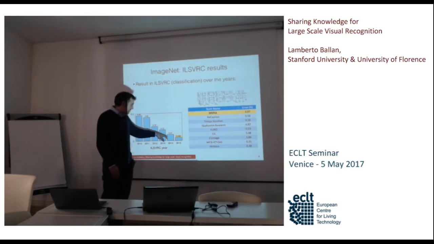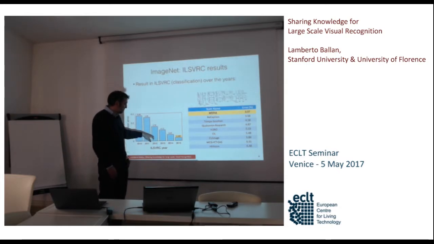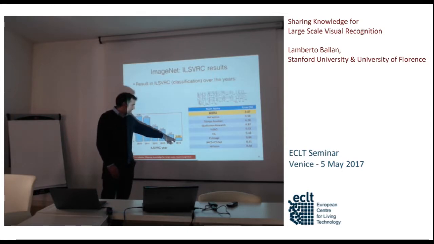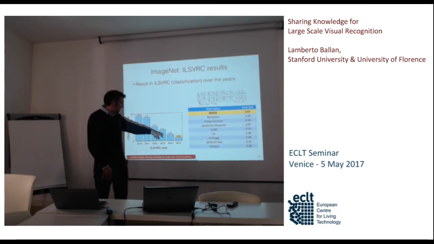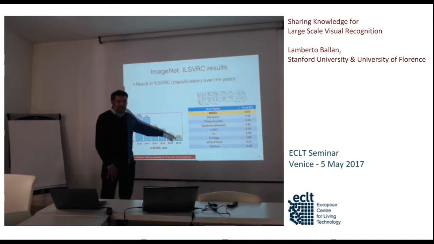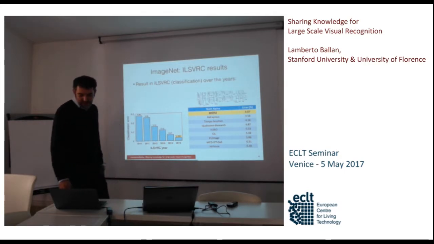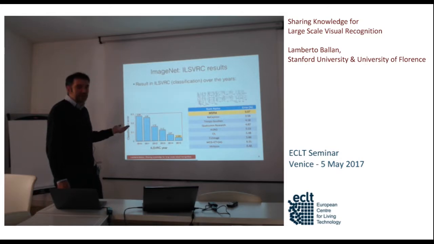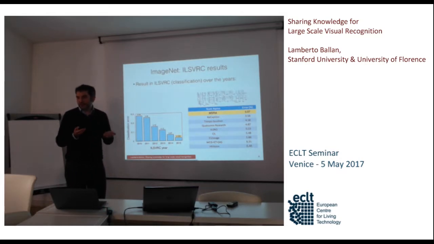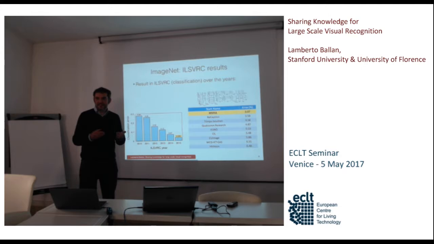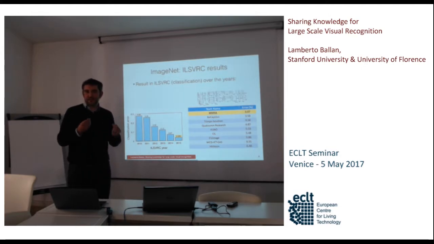All the new models are based on different architectures. This is the last interesting competition, where the error here is around 3%. I worked at Stanford, and my advisor was Fei-Fei Li, the one who started the ImageNet project.